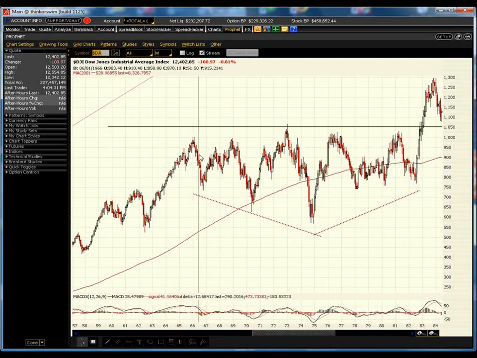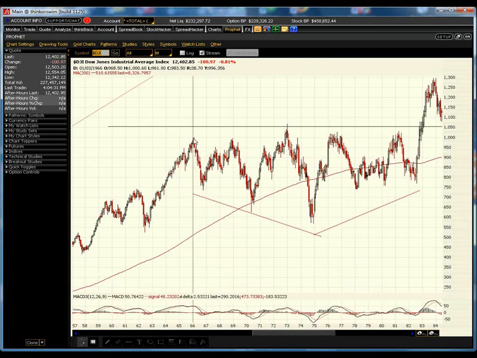You know, that's 17 years of sideways action. Now we had a number of different rallies, and we had some declines, we had some rallies, we had some declines. But for 17 years, prices basically didn't do anything. And look what happened.